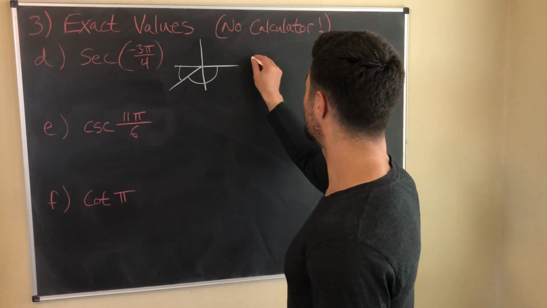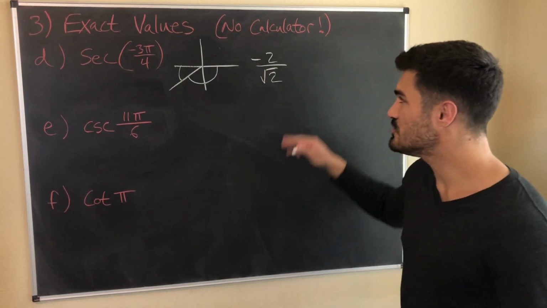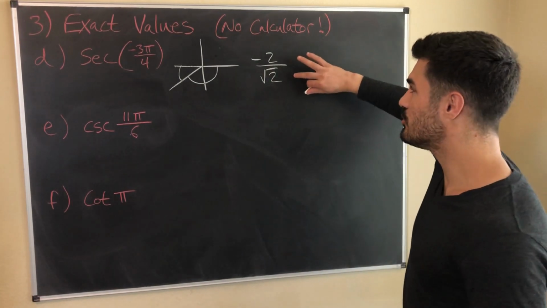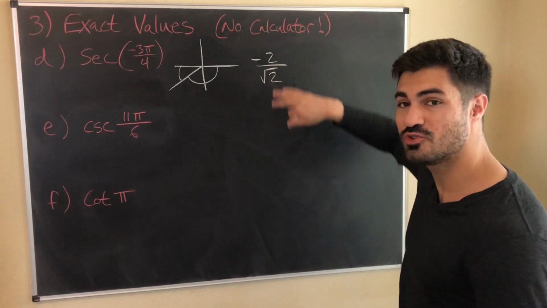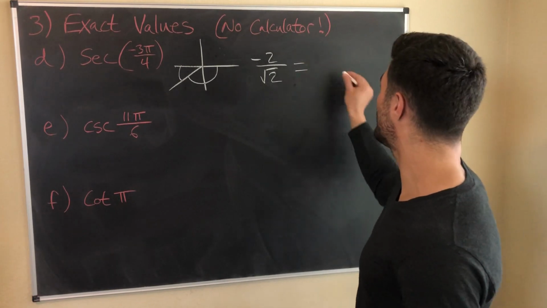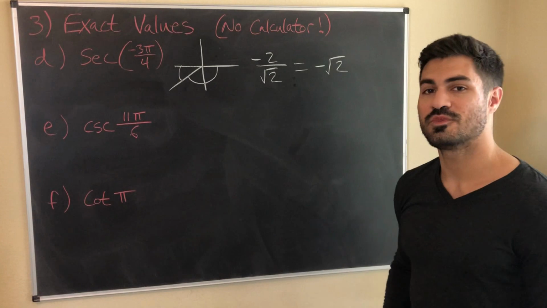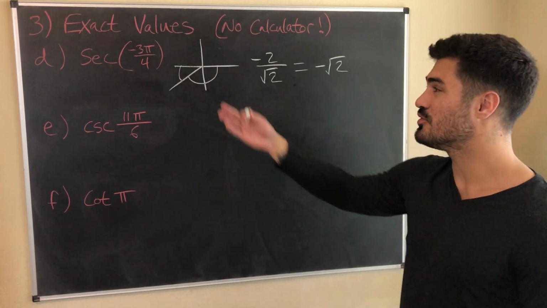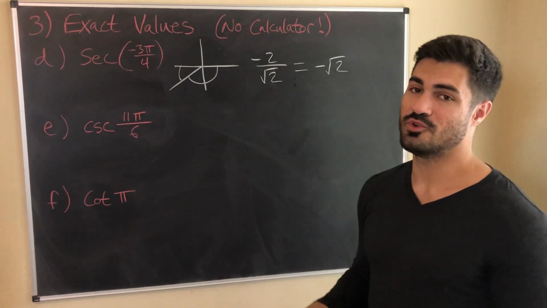So we actually have -2/√2. And if you rationalize the denominator, you'll multiply by √2/√2. The √2's will become 2, the 2's will then cancel, and if you fully simplify this, you're going to end up with -√2. So the secant of -3 pi over 4 is -√2, and we did that using the reciprocal identities.